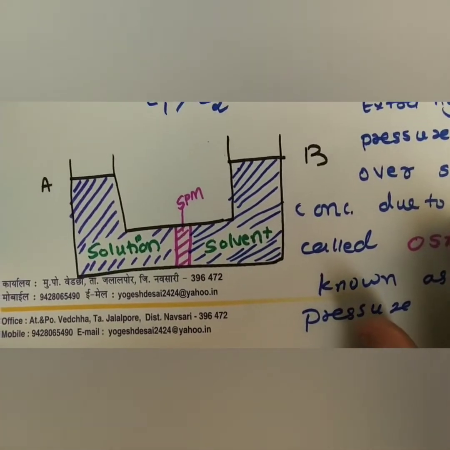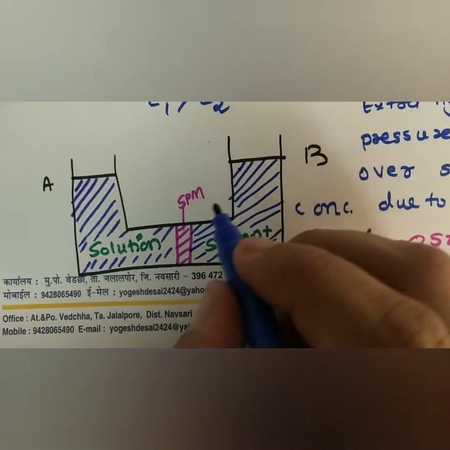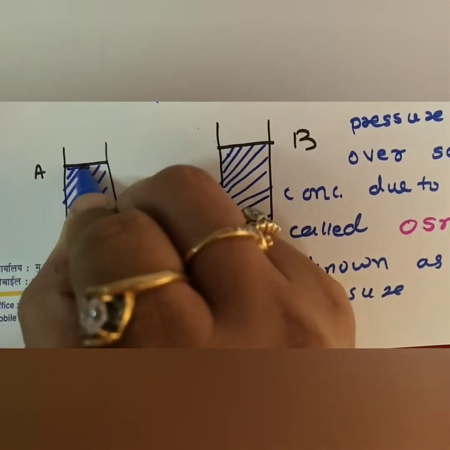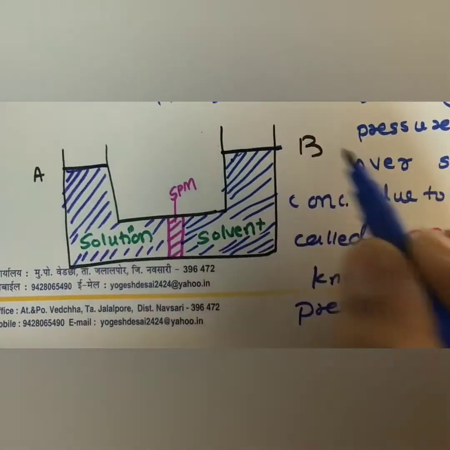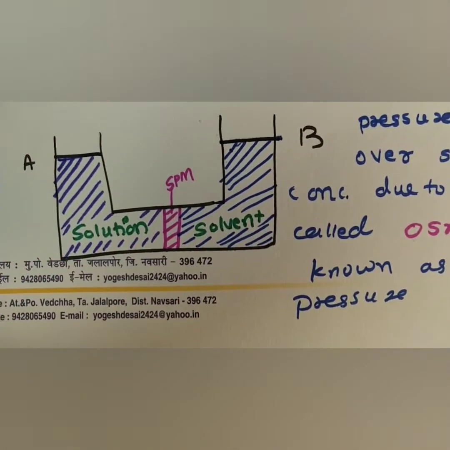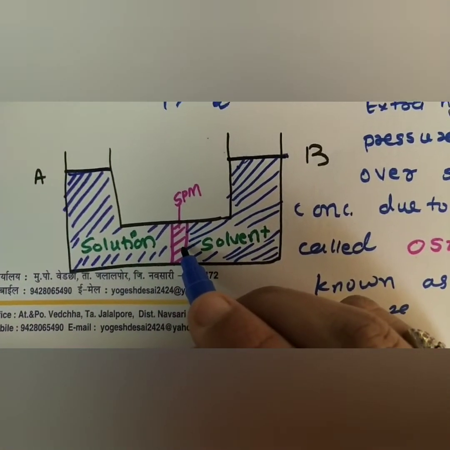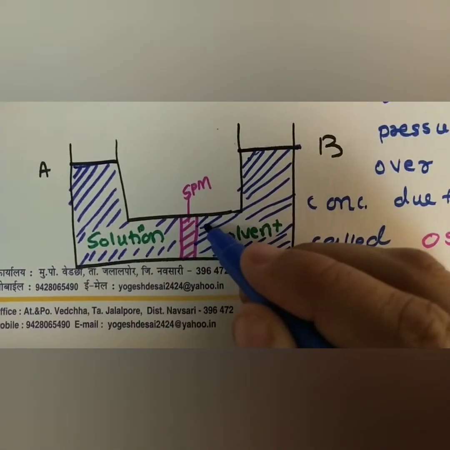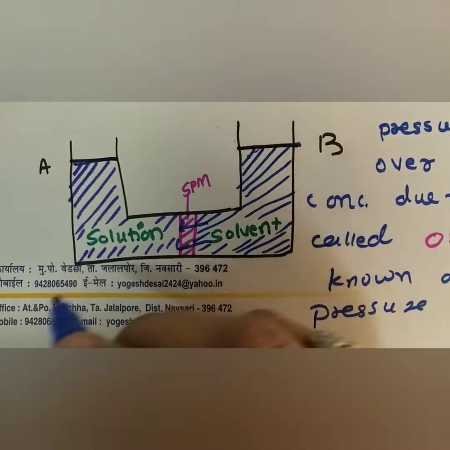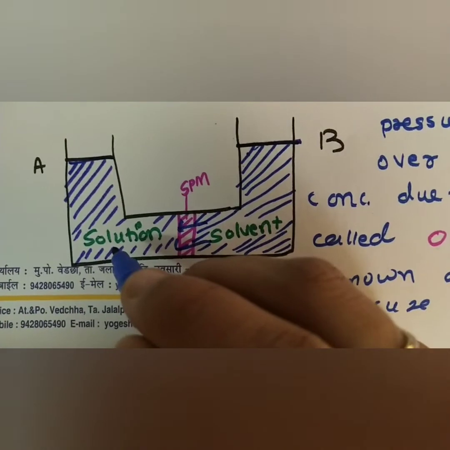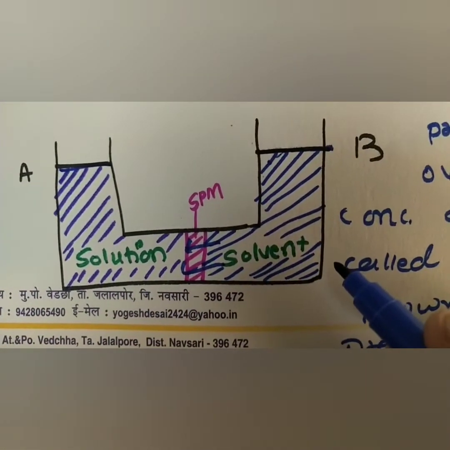Next we will discuss if I want to fix this level. If I want to fix this level, this is a semi-permeable membrane, so definitely this solvent molecule will enter to a solution because solution has a higher concentration than a solvent.